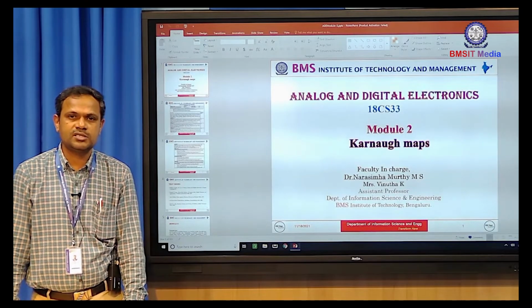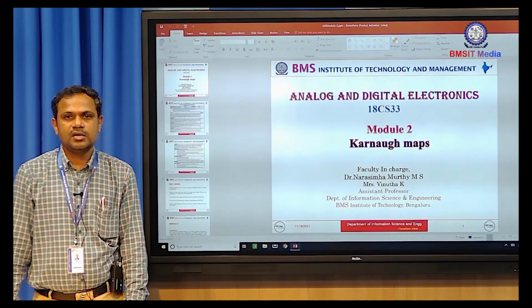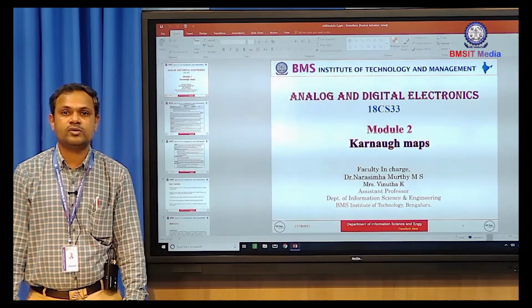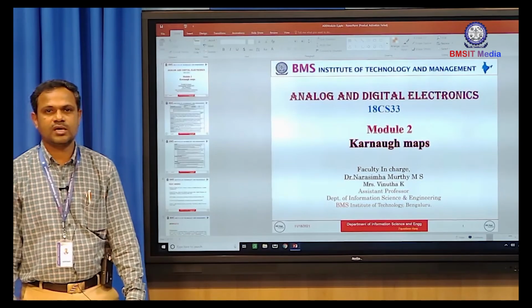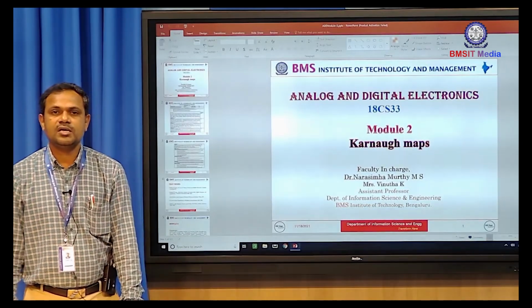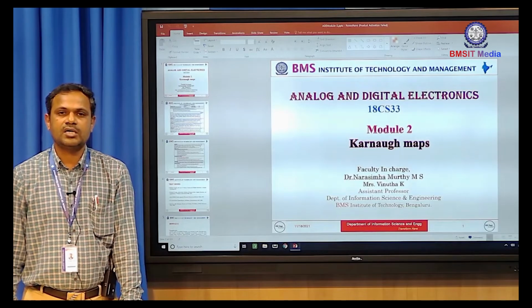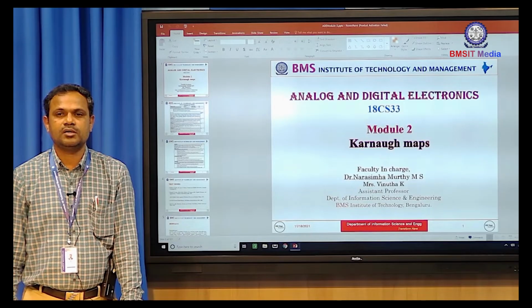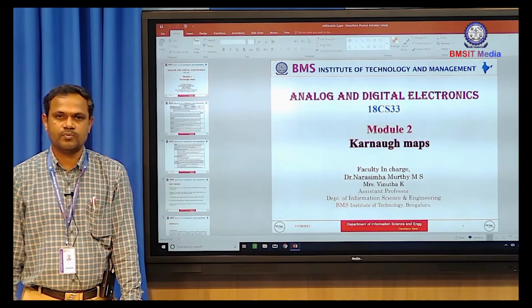To overcome all these drawbacks, the K-map came into existence. Karnaugh is a mathematician. He gave this technique of simplifying Boolean algebra expressions or terms. That is the Karnaugh map.